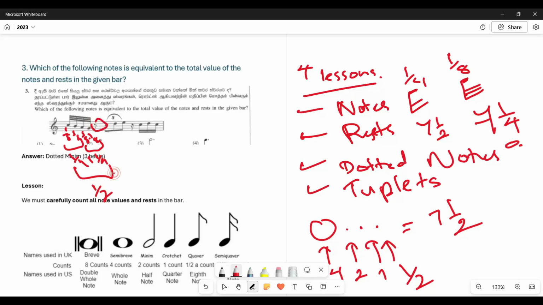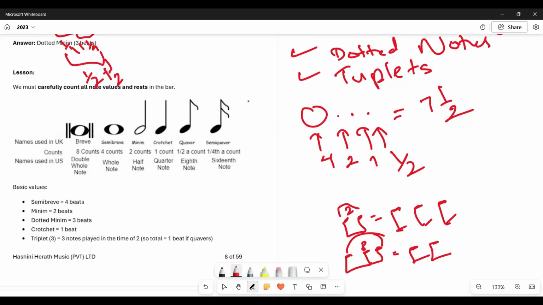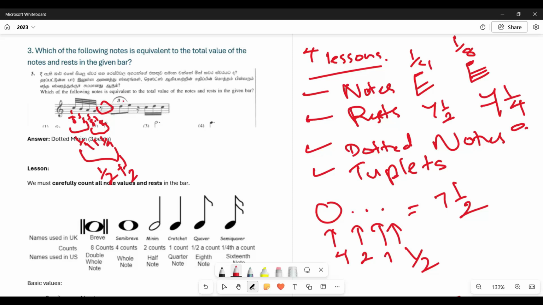This one is also a half, so half plus half. This is actually considered as 2 notes, so you can just erase these and consider only these 2 notes. So that would be 1.